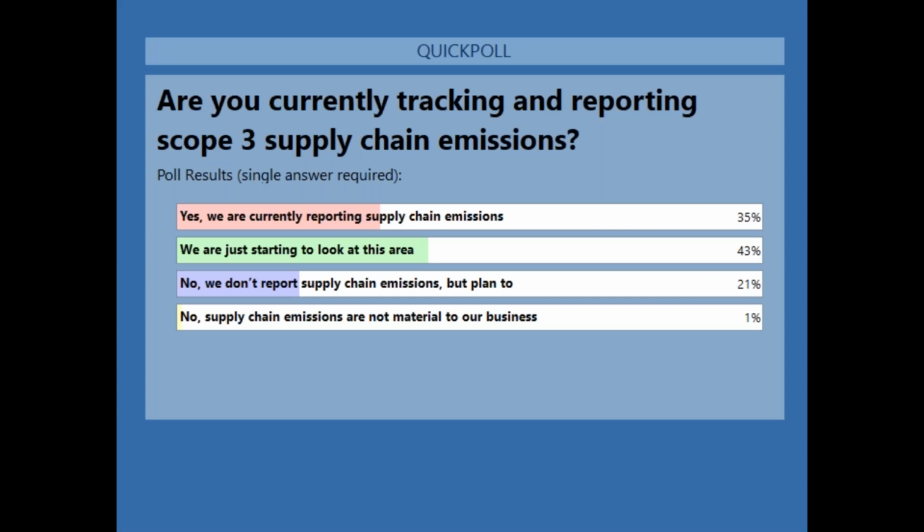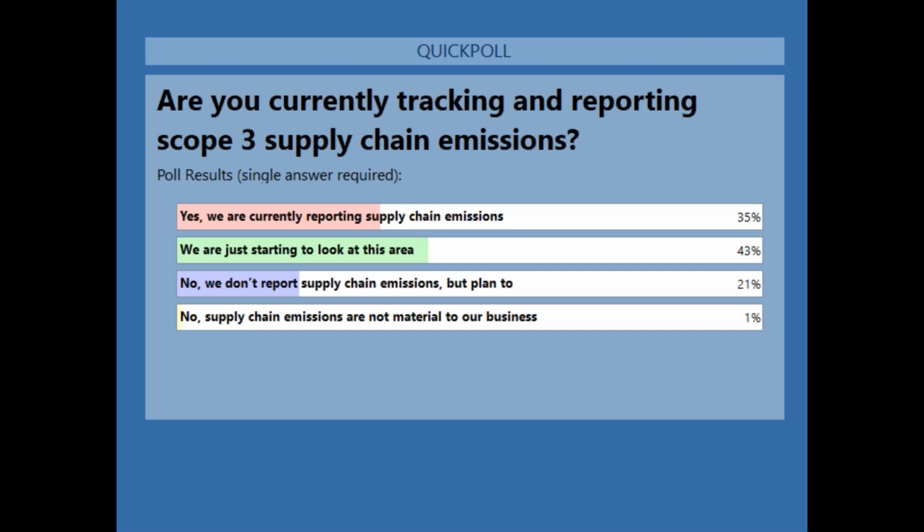So what have we got? We've got 35% currently reporting supply chain emissions, 43% just looking at it, and 21% we don't report supply chain emissions but plan to. Okay, well, firstly, interesting to note that only 1% of people have said that they're not material to the business, which is probably a reflection of the topic of the webinar, but also 35% are currently engaged on this and reporting on supply chain emissions.